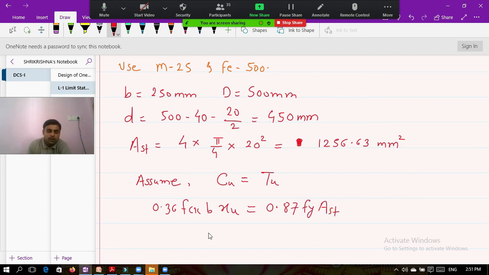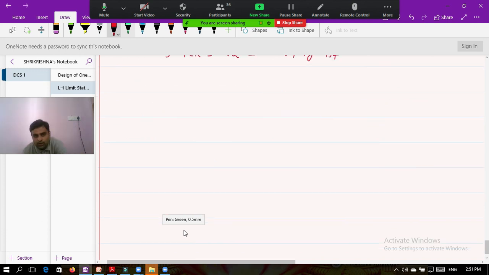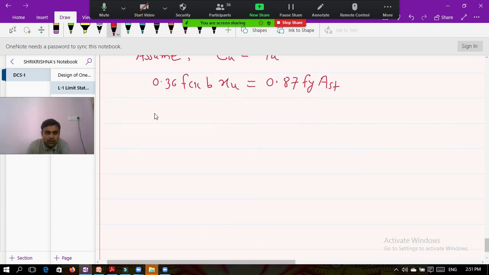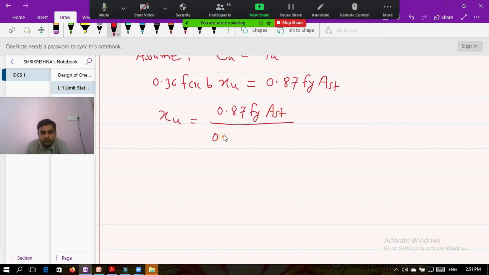Now from this you will get the value of XU. Just put all the values. So if you reshuffle the formula, XU is equal to 0.87 Fy AST whole divided by 0.36 Fck into b.